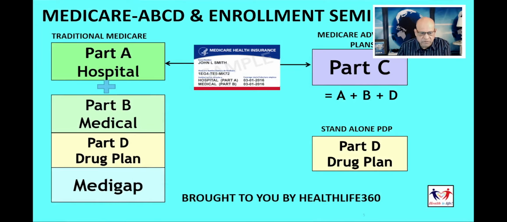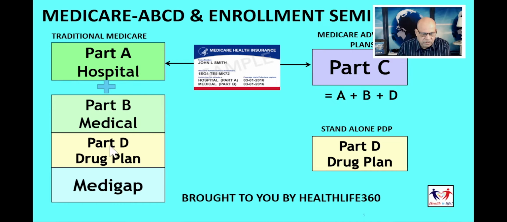The next thing I would like to talk to you about is the two different routes through which you can get your complete Medicare insurance package. One is the traditional Medicare, which involves Part A, Part B, and Medigap, the Medicare supplemental program. I have separate videos on all these topics.